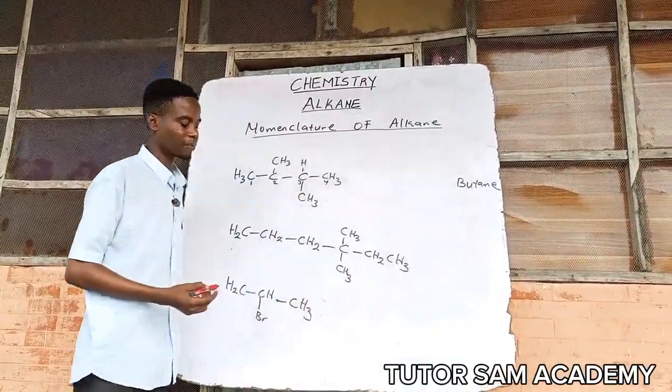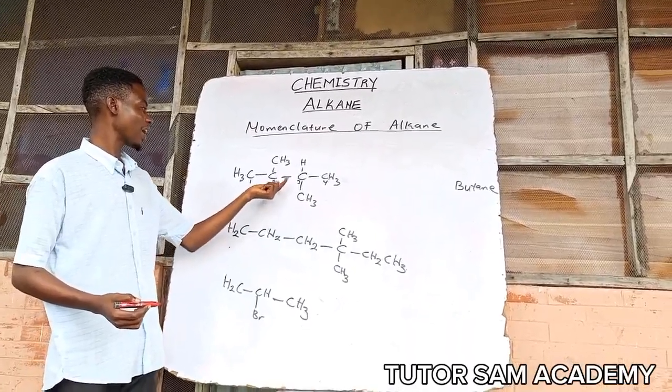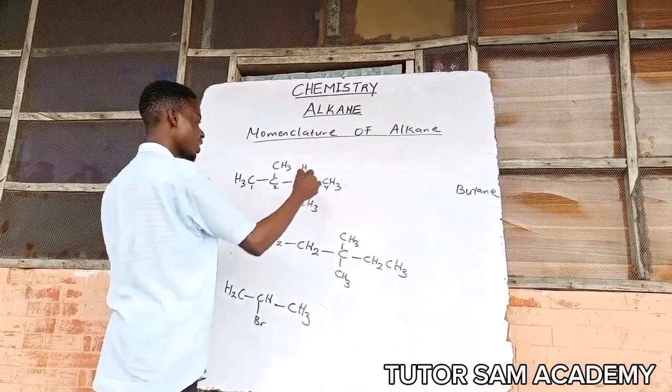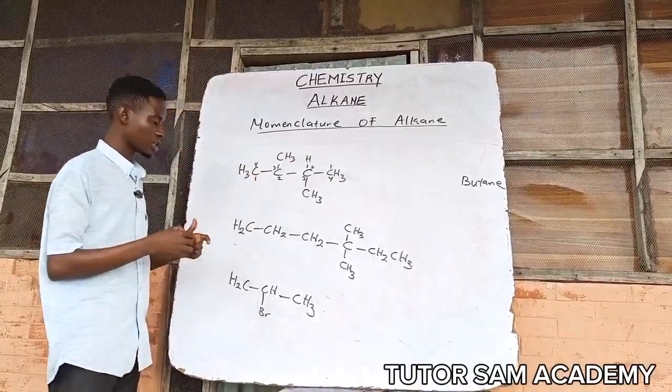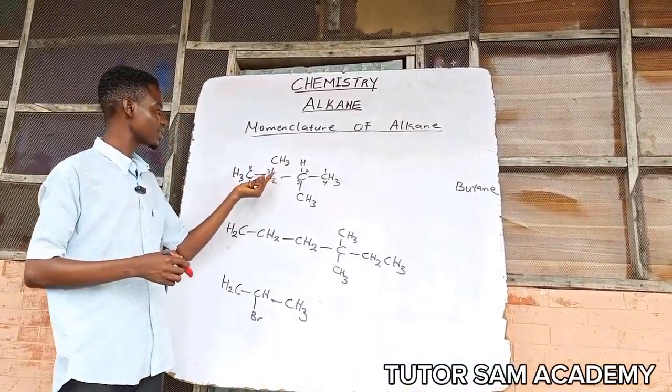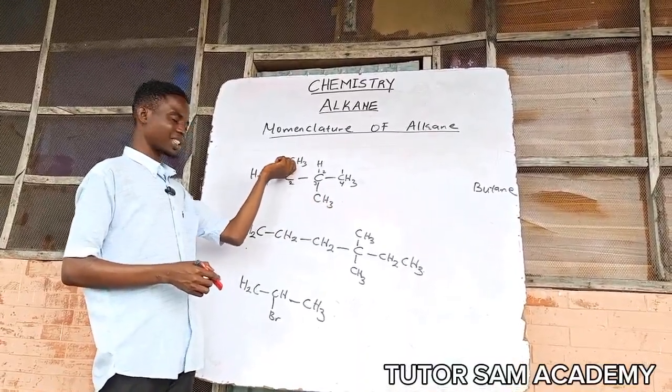If you look at this butane, you can number this way and still number this way: 1, 2, 3, 4. It's the same thing. So you now consider your attachments. You have one attachment on carbon 2, and another one on carbon 3.